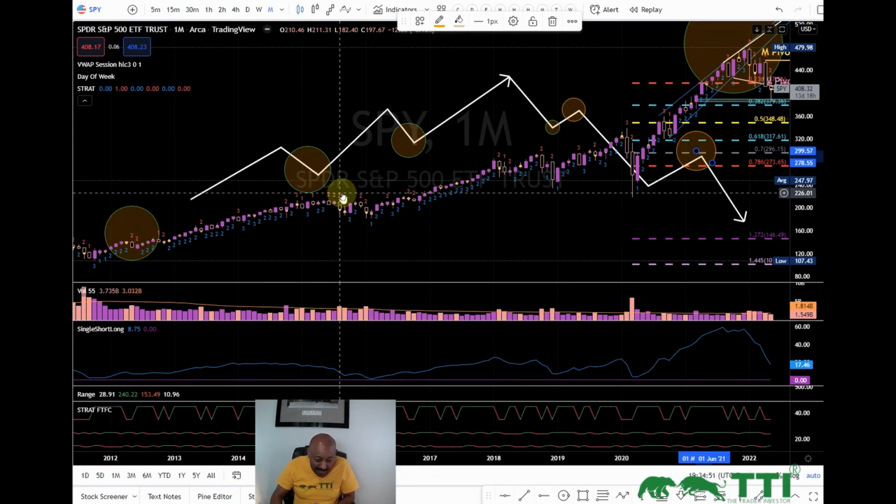But keep in mind, the 1 minute bar turns before the 1 hour bar. The 1 hour bar turns before the daily bar. So keep that in mind. The bigger time frames tell you the longer term trend. The smaller time frames decide when they want to break that trend.